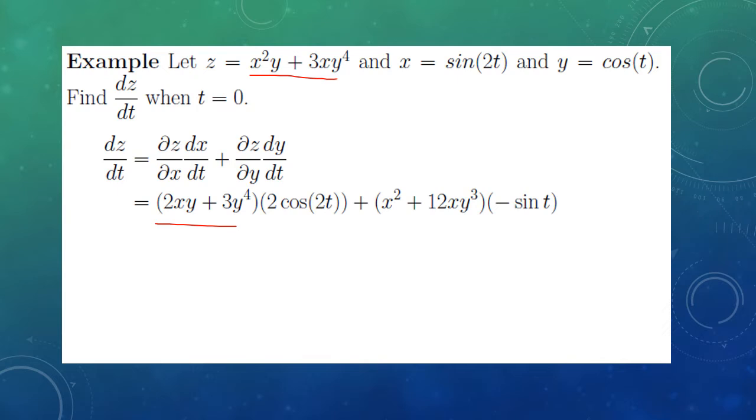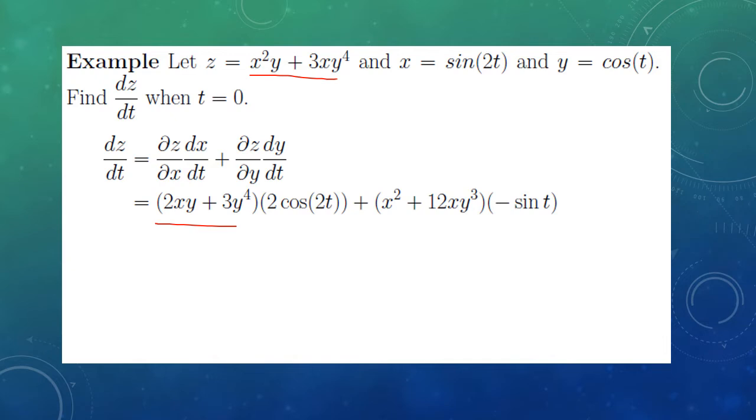Remember, we're taking the derivative with respect to x here, and so y would be considered a constant in that situation. Then we multiply by the derivative of x with respect to t, which itself uses a chain rule too. Next, we add that to the partial derivative of z with respect to y, which is the derivative where x is constant, and multiply by the derivative of y with respect to t, yielding this equation here.